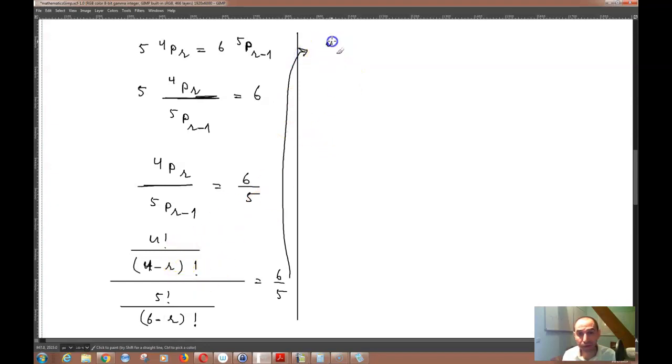I can write this as 4 factorial divided by 4 minus r factorial, and times the reciprocal of this, that would give me 6 minus r factorial divided by 5 factorial. Now 4 factorial and 5 factorial you can simplify, and that is equal to, of course, 6/5.